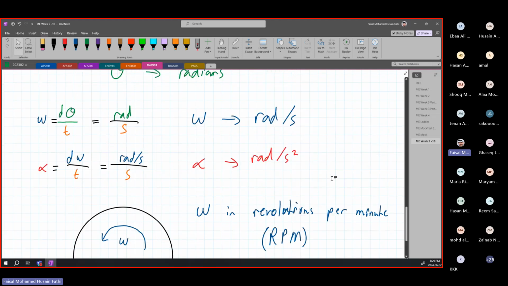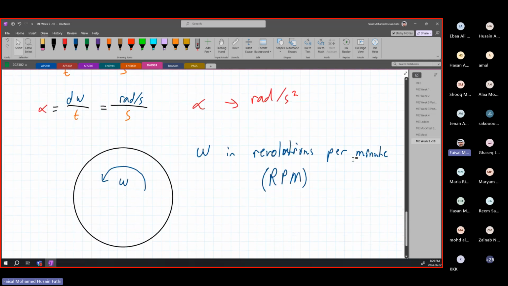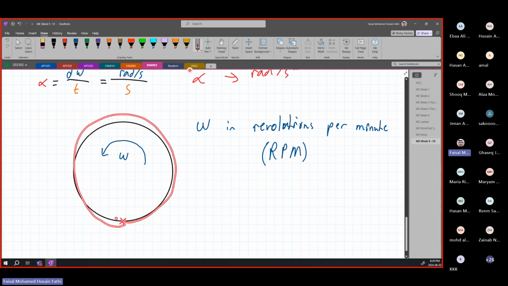But when we are dealing with calculations, we need to convert this into radians per second. How? If we're talking about revolutions per minute, we are talking about how many full revolutions are completed in 1 minute. Meaning, how many times will the wheel, let's say, starting from here, go all the way around until it reaches back to this point, making a full revolution?